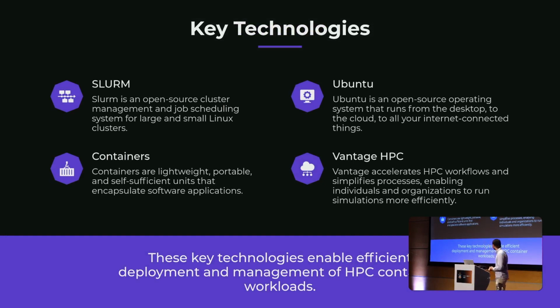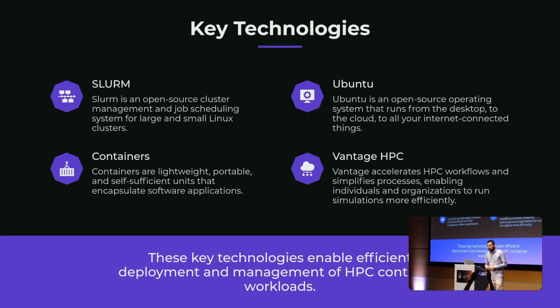Okay, for this presentation, we have some key technologies. First, we have Slurm. I don't know if you have heard about Slurm yet, but it's basically an open source cluster management and job scheduling system for Linux.